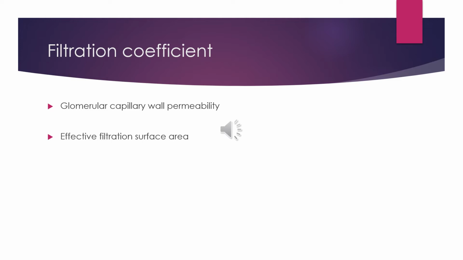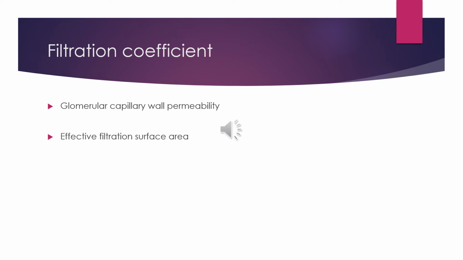Another factor which governs glomerular filtration is the filtration coefficient. It is the rate of glomerular filtration expressed in terms of net filtration pressure, which is dependent upon the glomerular capillary wall permeability and effective filtration surface area.